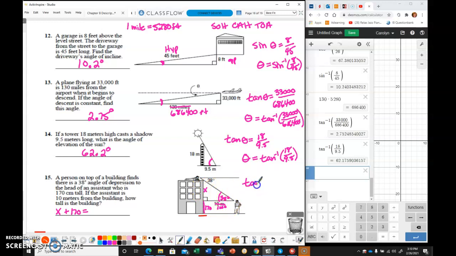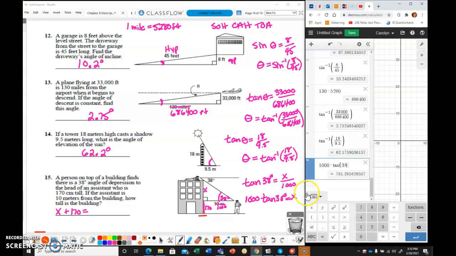So that means the tangent, and this time we have the angle, of 38 degrees is equal to x over 1,000. So I'm going to do 1,000 times the tangent of 38 degrees to get my x.